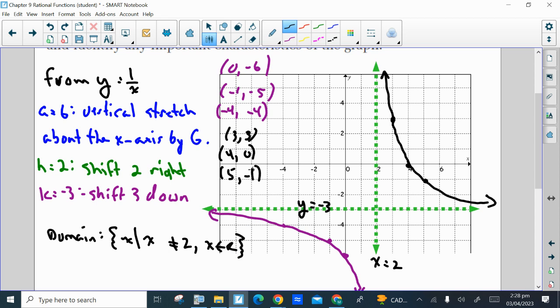All real numbers except positive 2 work. And there's the range. All real values of y except for negative 3. Okay?